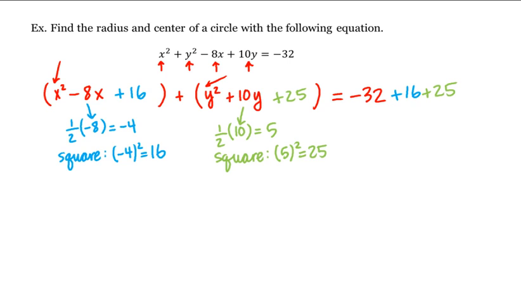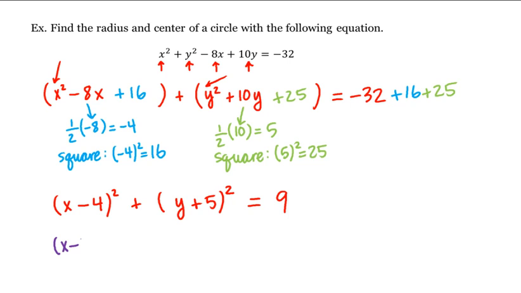Now both the x terms and the y terms will form perfect squares. Namely, (x - 4) squared plus (y + 5) squared, which is equal to -32 plus 16 plus 25. And 16 plus 25 is 41, and then minus 32 is 9.